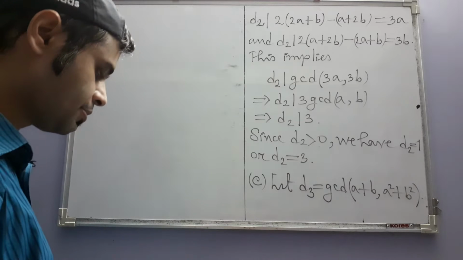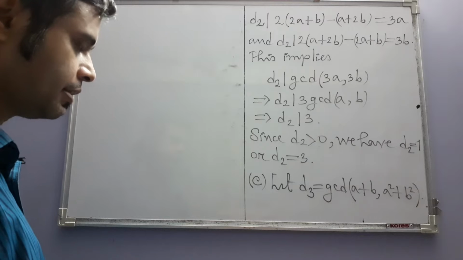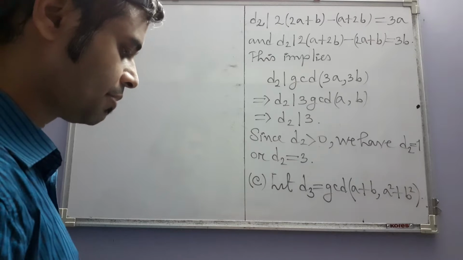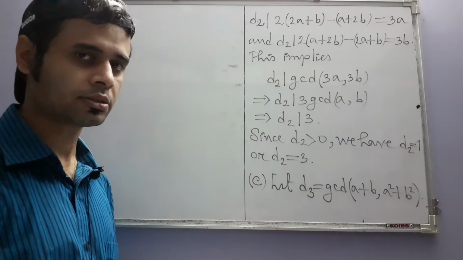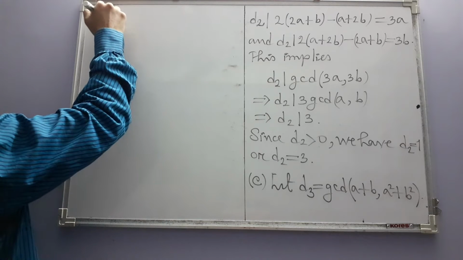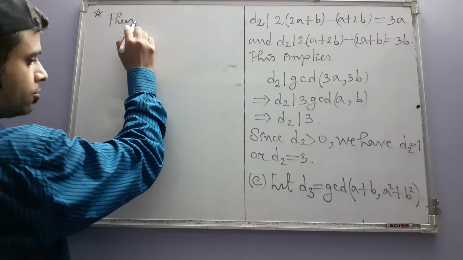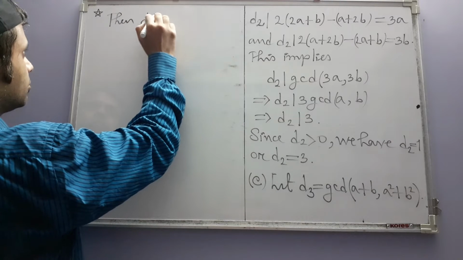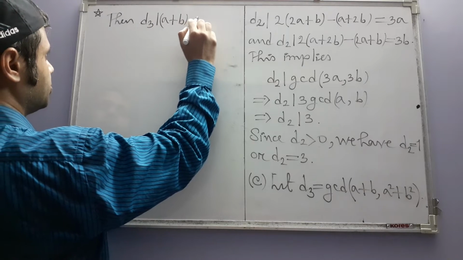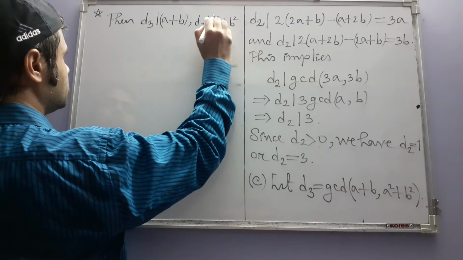Okay, now in this case also there is a hint, and the hint gives us this identity that a square plus b square equals a plus b times a minus b plus 2b square. So let's just use that. But before that, of course, we have to write this immediate conclusion. Then d3 divides a plus b, and d3 divides a squared plus b squared.